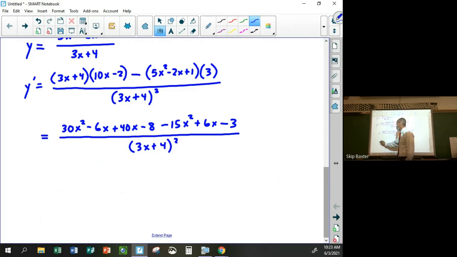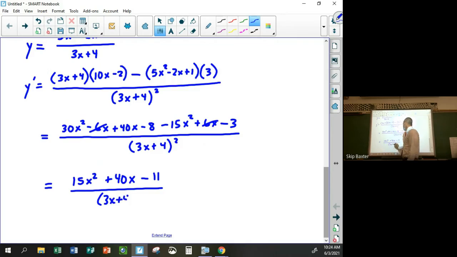So if I combine all the squared terms, I have 30x squared minus 15x squared, which is 15x squared. Negative 6x plus 6x. Oh, that's nice. They cancel. And then plus 40x. So that's just plus 40x. And then the constants, I have negative 8 minus 3 is negative 11, over 3x plus 4 squared.